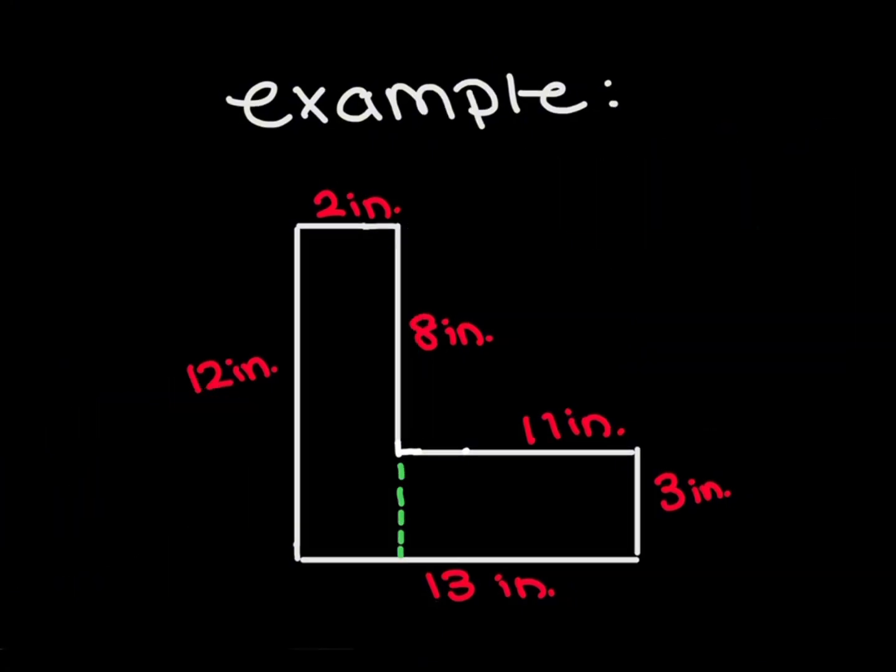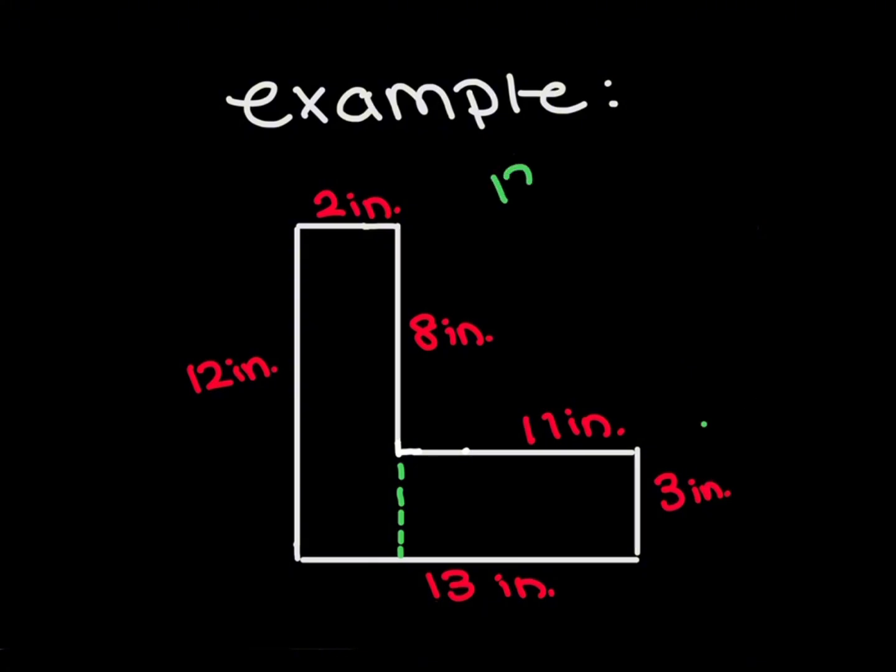And now we have to find the perimeter of the figure. So to find the perimeter, we add all of the outside lengths. So we have to add this side with this side, this side, this side, and this side. And we do not add this inside length because the perimeter is only the outside lines.